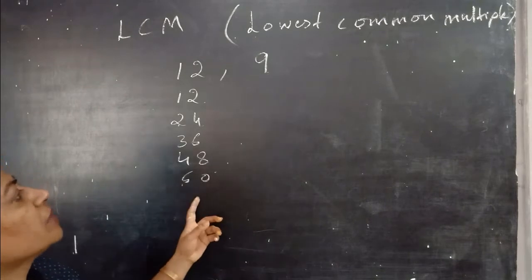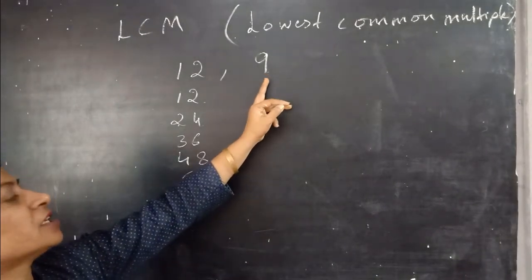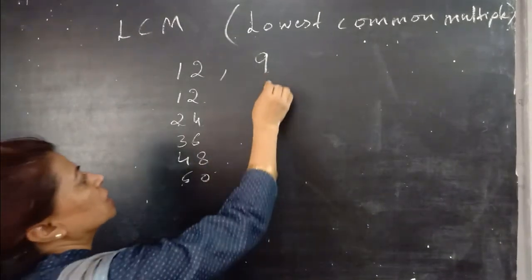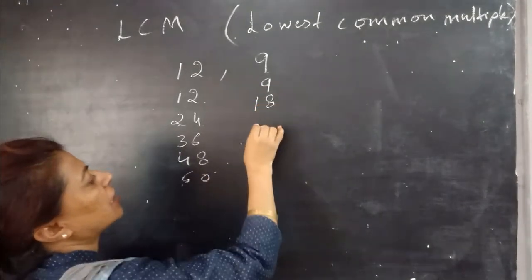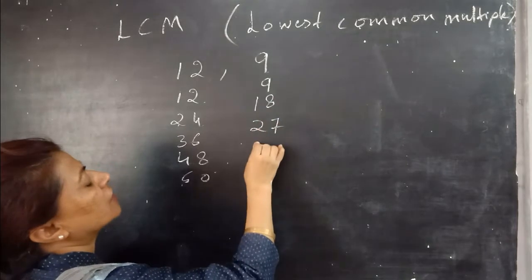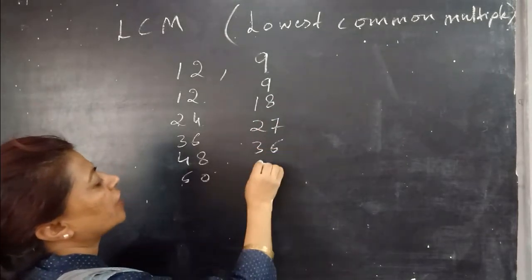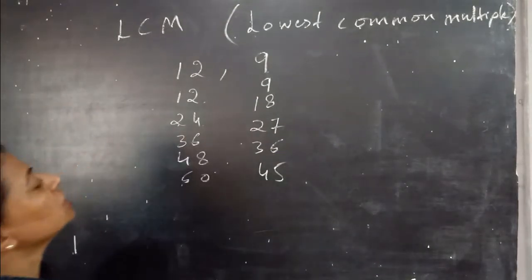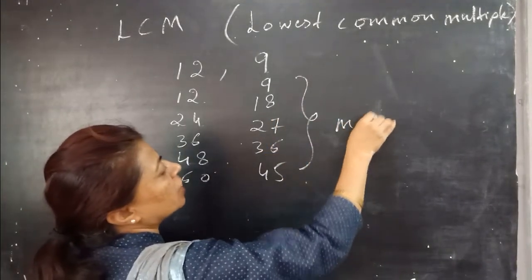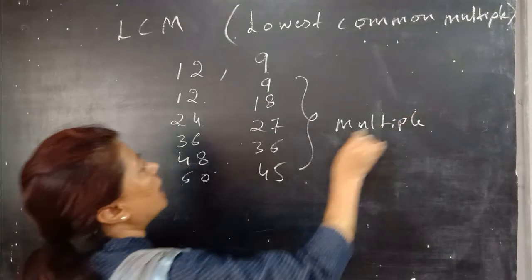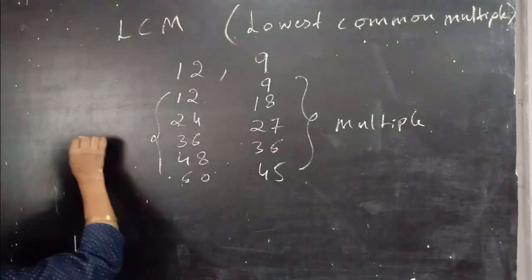So up to 5 I am taking. Now let us take the table of 9 up to 5. 9 into 1 is 9, 9 into 2 is 18, 9 into 3 is 27, 9 into 4 is 36, 9 into 5 is 45. So these are the 5 multiples of 9 and these are the 5 multiples of 12.